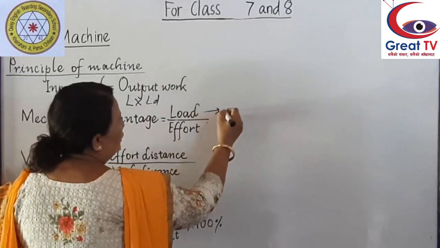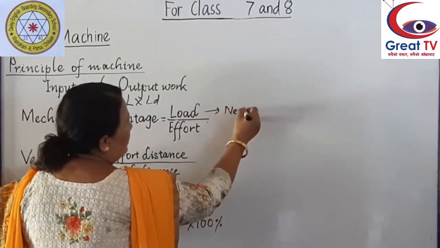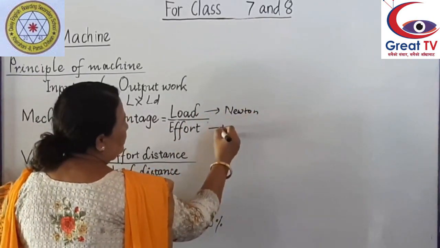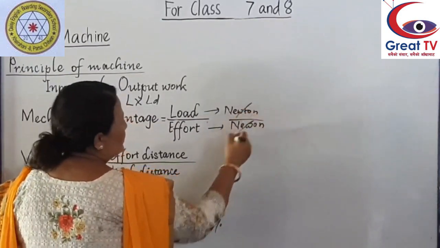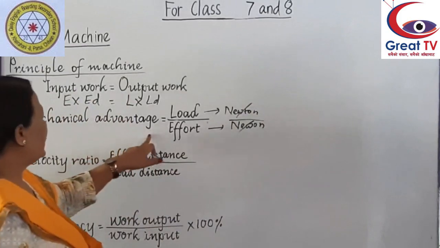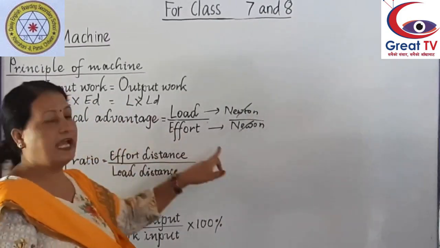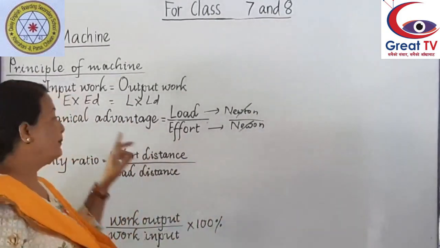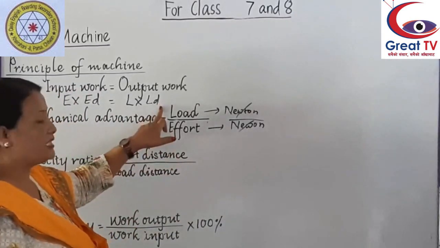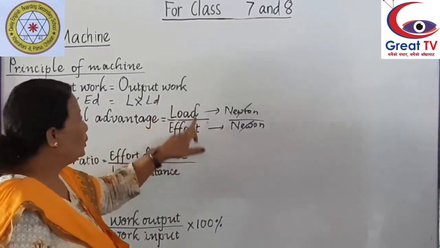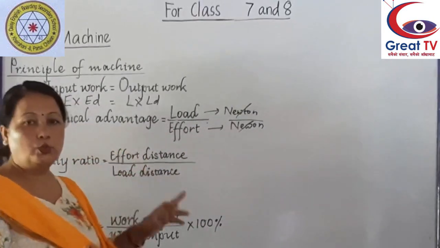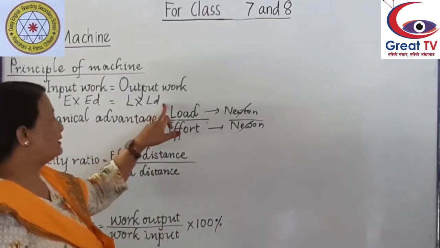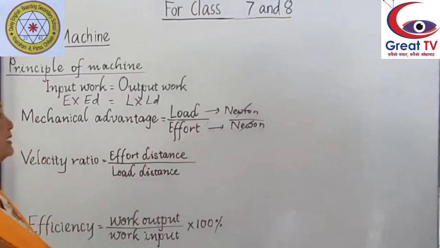The unit of load is Newton and the unit of effort is also Newton. Their units cancel, so mechanical advantage has no unit because it is the ratio of two forces.